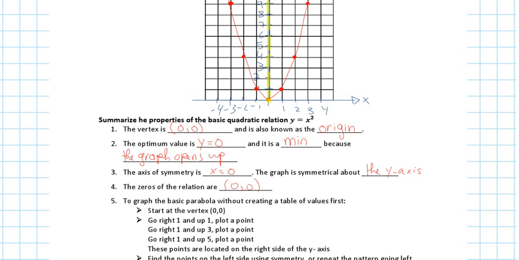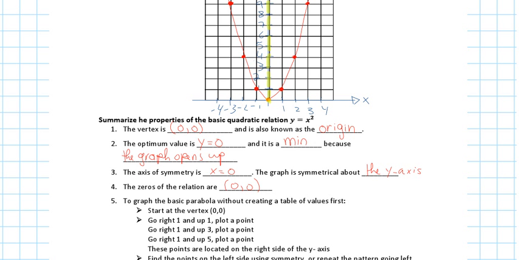Now, here's the trick when it comes to graphing. There is a pattern when we're graphing quadratics. Other than finding points in a table of values and graphing the points, there is a pattern.